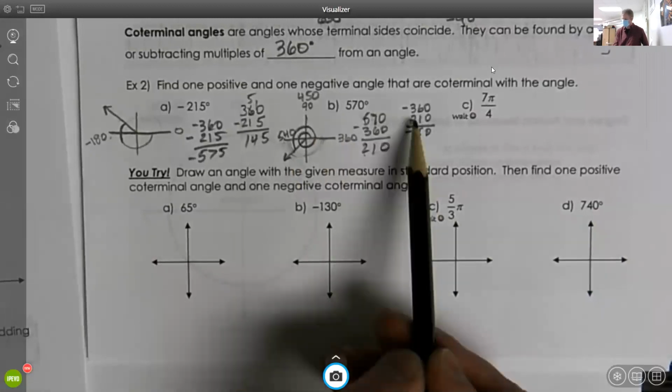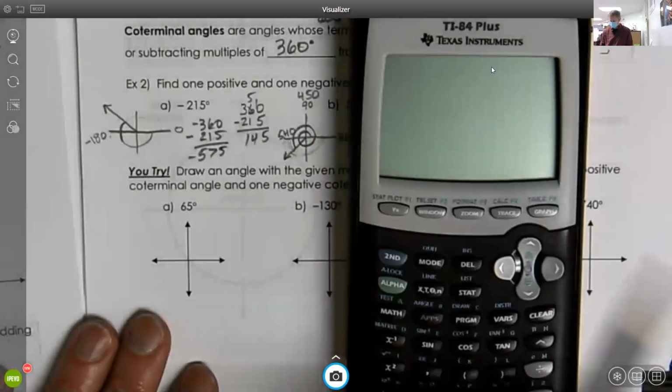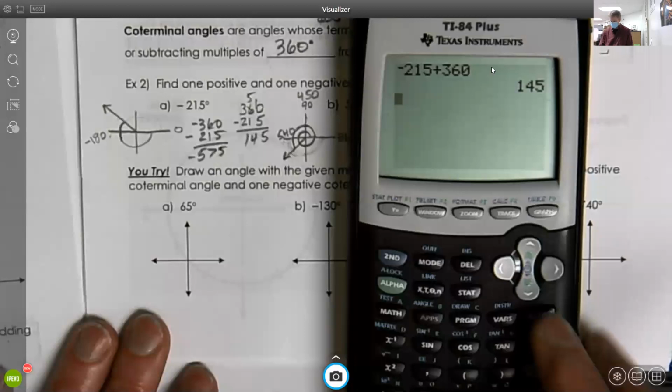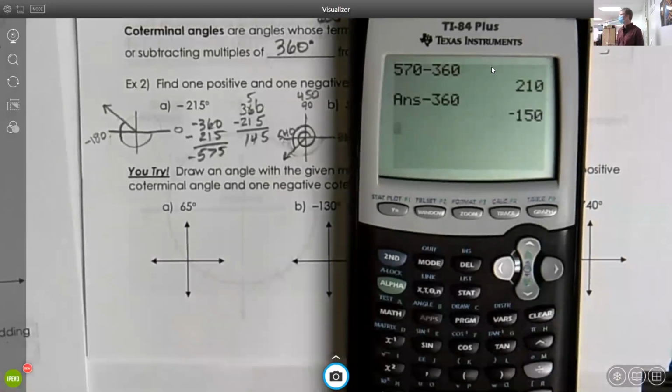So I subtracted, maybe it would make more sense to you to think about 570 and you're taking 360 away, and you're taking 360 away, and you come up with a negative 150. All right? So you're doing multiples of these 360s. You're adding or subtracting 360 to it multiple times.